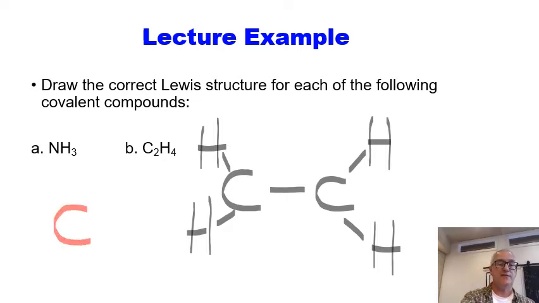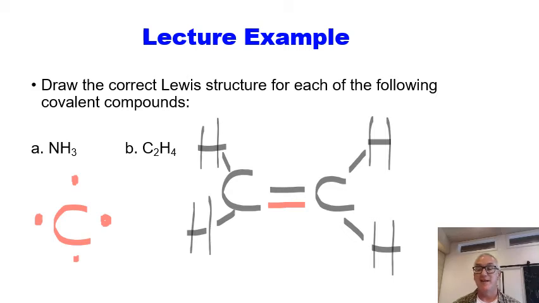Each carbon has 4 unpaired electrons, so it's going to make 4 bonds. And in this structure, it's only making 3. Where's the other bond? Well, the other bond is between the 2 carbons.